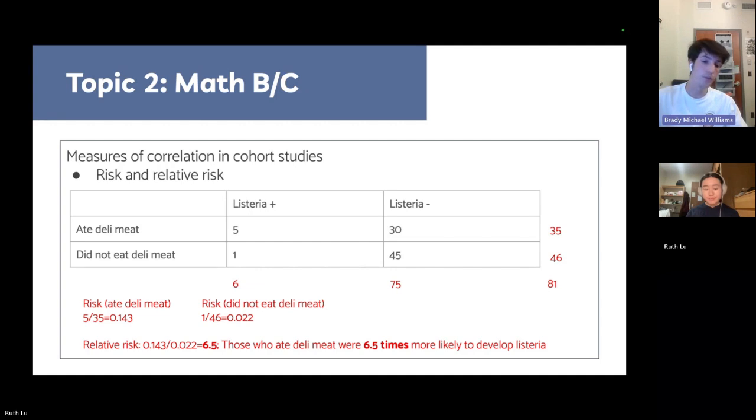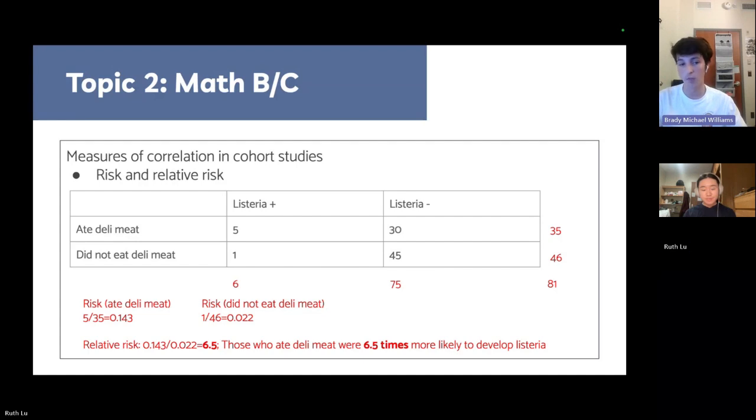And the higher this number is, the more correlation there is. But we can't really tell correlation just from the risk, right? Because if we know the risk for eating deli meat is 0.143, that doesn't tell us much, because the risk for not eating the deli meat could be much higher than that, and that would actually imply a negative correlation. So the way we sort that out is we calculate the relative risk.